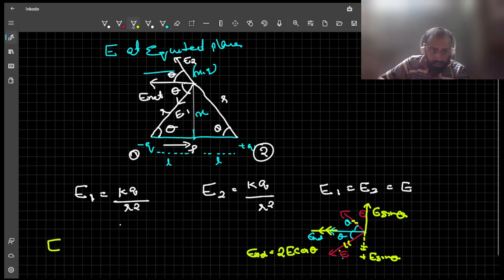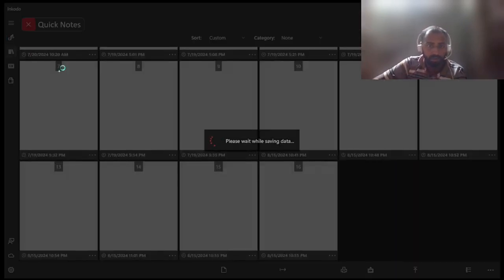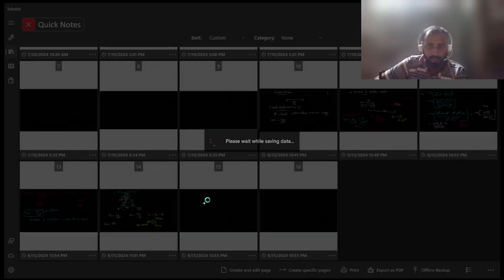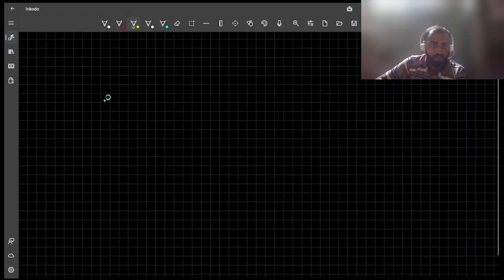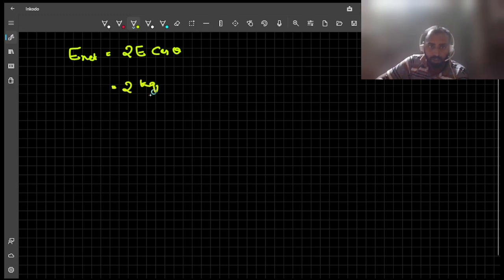So E net is 2 times e cos theta. When we substitute, what is our E net? 2e cos theta, 2 into kq by r square cos theta.